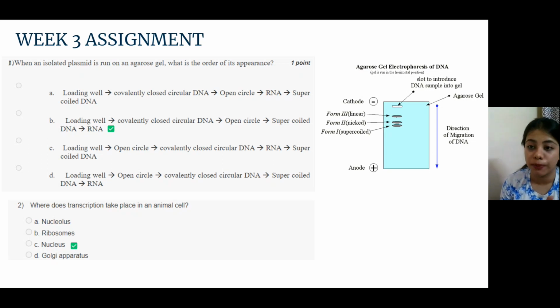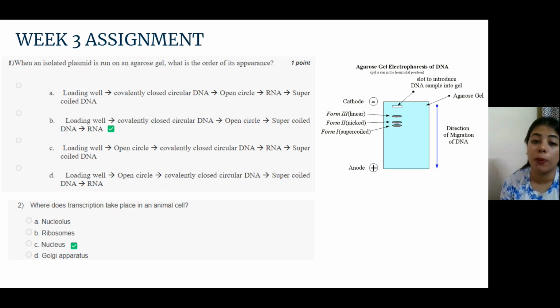Now, when we are talking about a plasmid that has been isolated, then during the process of isolation, there can be different conformations in which the plasmid can be present. As you can see in the diagram and as has already been mentioned in the question, plasmids majorly can have three types of conformations. One is its normal covalently closed circular DNA, which is its normal form.